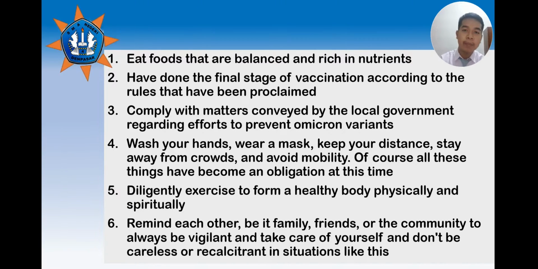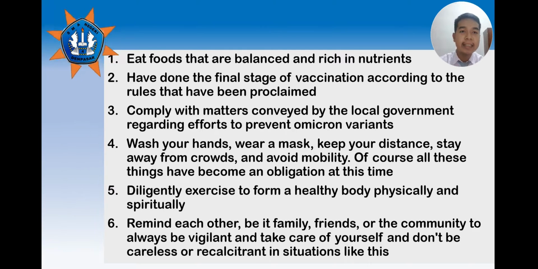The second one is to complete the final stage of vaccination according to the rules proclaimed by the government. Everyone in this world has to be vaccinated. I think the most important thing to fight the Omicron variant is to be vaccinated.